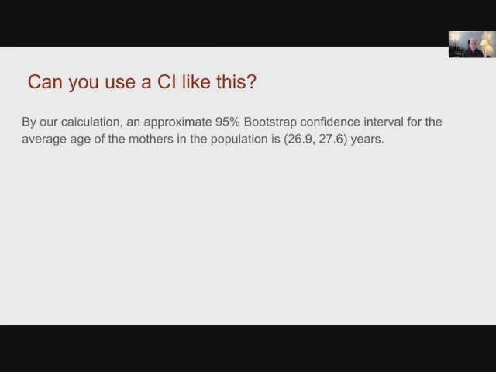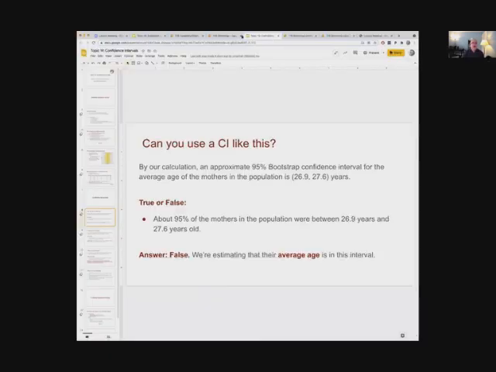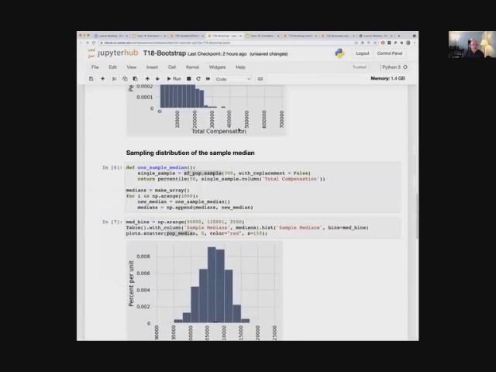Now the question I want to ask you is true or false? About 95% of the mothers in the population were between 26.9 years and 27.6 years old. Is that a true or false statement? It's false.